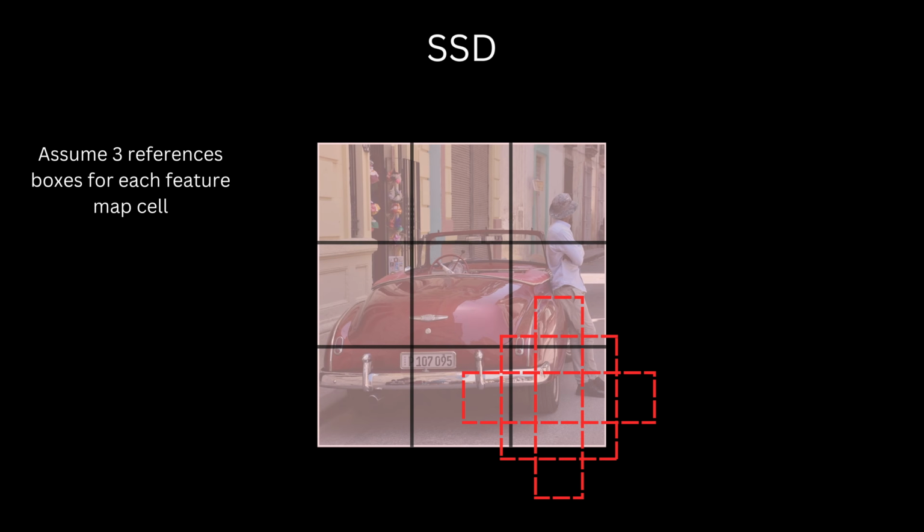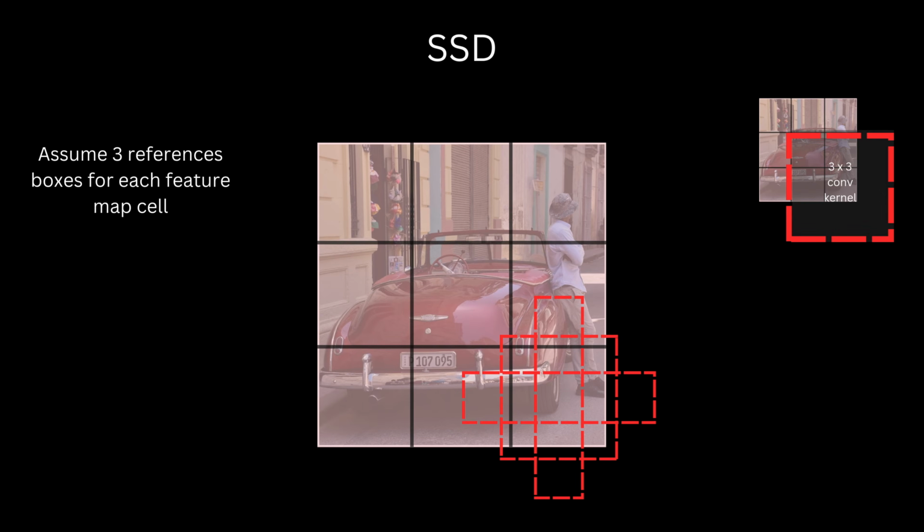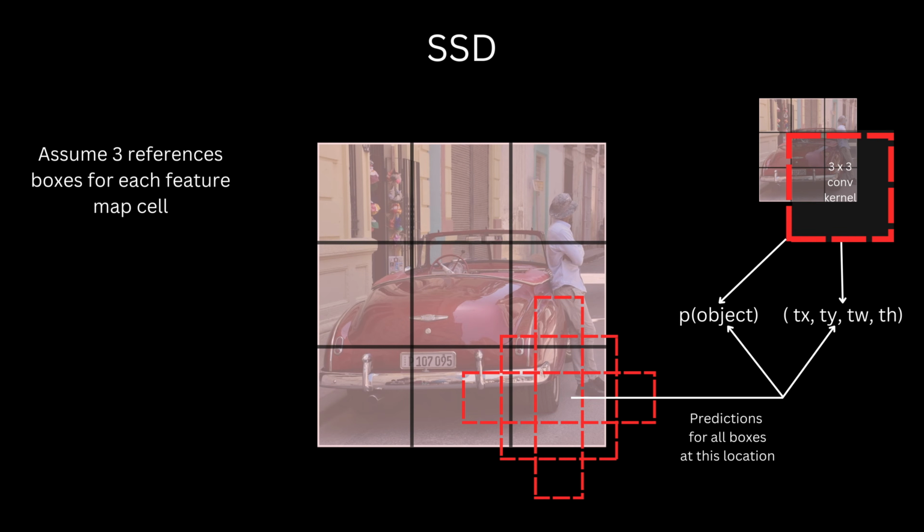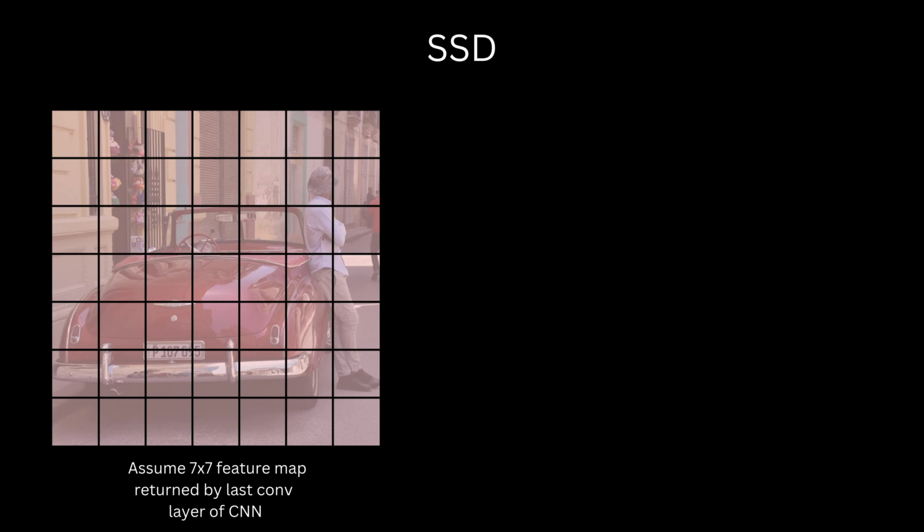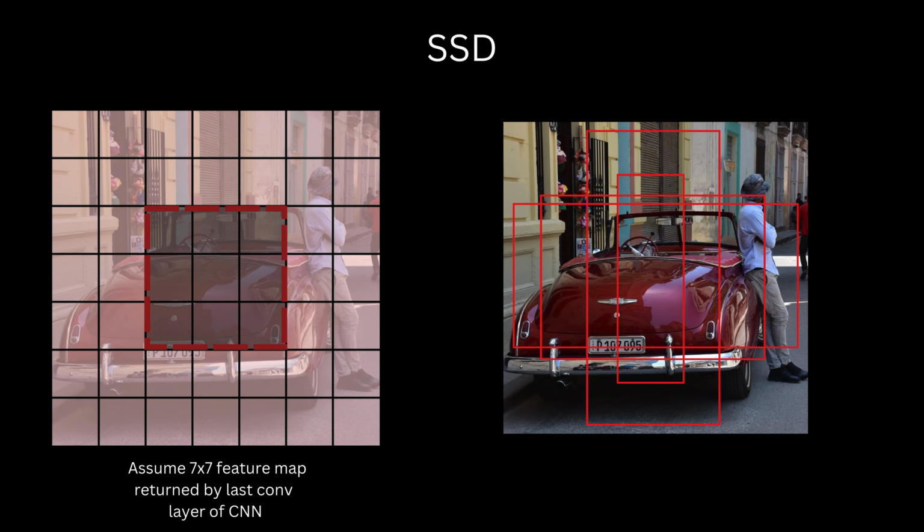Using 3x3 convolutions, we predicted if any of these reference boxes contain an object and also predicted transformation parameters to transform the reference boxes to tightly fit the underlying object. Like here, this 3x3 convolution output will be making predictions for the reference boxes centered at the center grid cell.